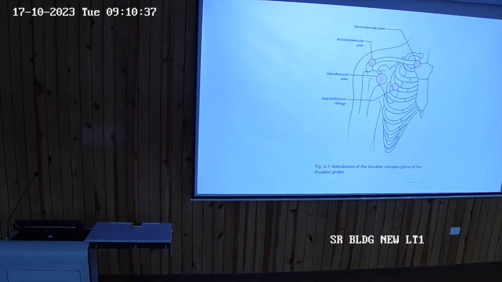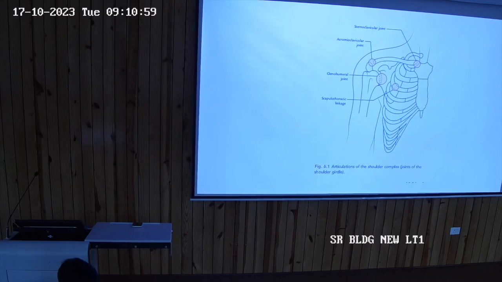So at present we have the idea of different joints of this region. I will talk today about the shoulder joint, the acromioclavicular joint and the sternoclavicular joint.